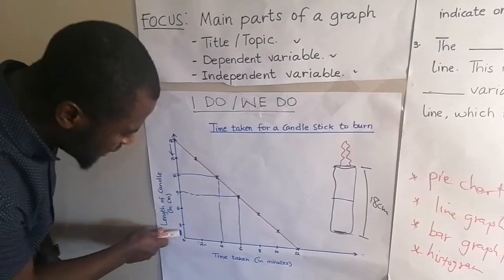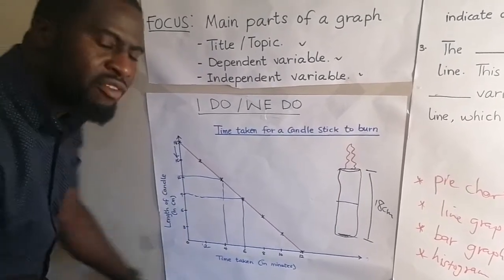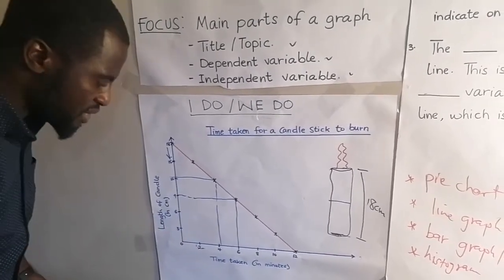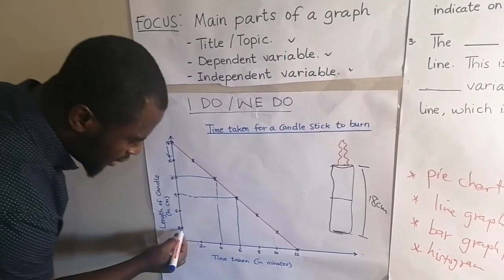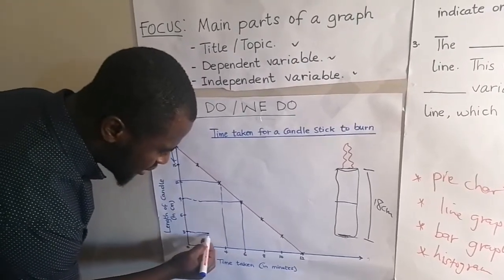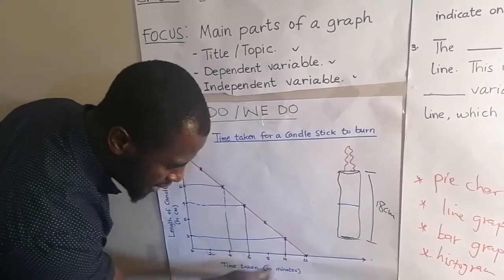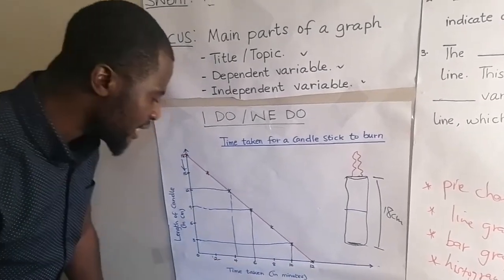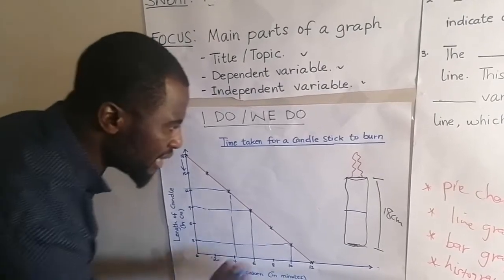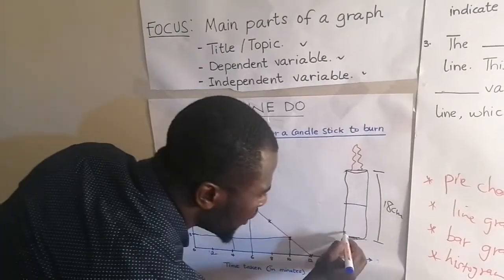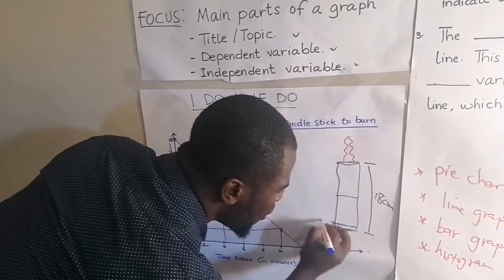For the candle to burn from 18 to 3 centimeters, how many minutes should it burn? It's very simple. When you look at the graph, you trace from 3 centimeters, you get to the line, you bring it down, and that is 10 minutes. That's how we read the graph. So when the candle burns for 10 minutes, the length will be 3 centimeters. Almost finished in length.